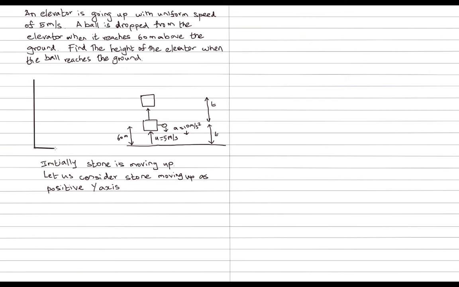Let us draw a graph. The ball is moving up with 5 meters per second, and when it is dropped, it is under free fall.